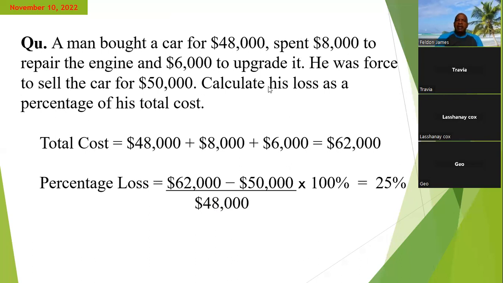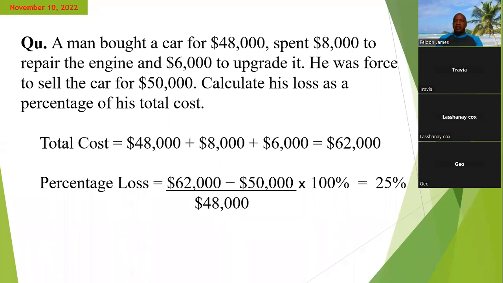Oh, well, the overall money that it cost him is really the additional repair and so on, but that's not what he bought it for. So his real cost was what he really bought it for. However, the additional expense would be calculated as spending more, but we don't call that the cost price. You follow what I'm saying?